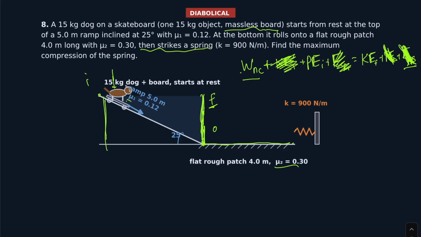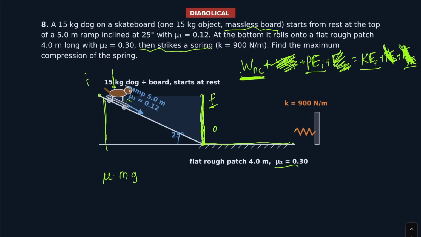So work non-conservative plus potential energy initial is equal to kinetic energy final. What is our work non-conservative going to be here? That's going to be mu times the normal force. Is that mg, or do we have something else?